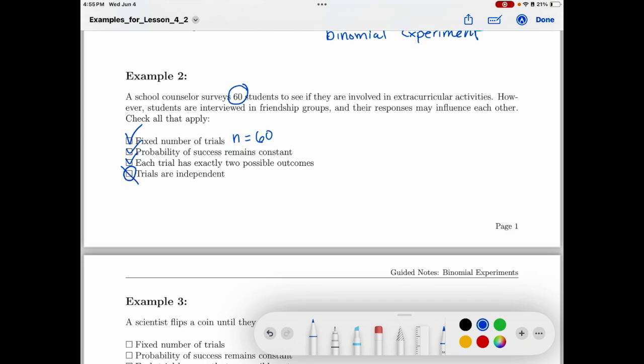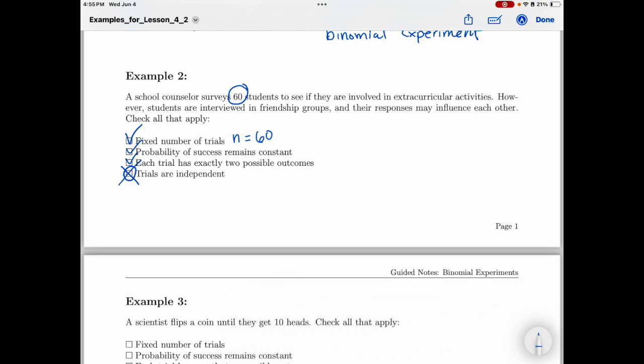The next one, are the trials independent? That would be a big no. It says in the question that their responses may influence one another. For example, if you have John and Judy that are best friends, and Judy says she is going to join an extracurricular activity, that might motivate John and influence his decision to join with Judy.